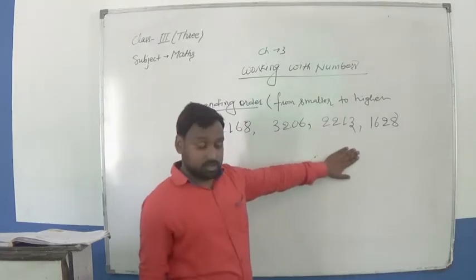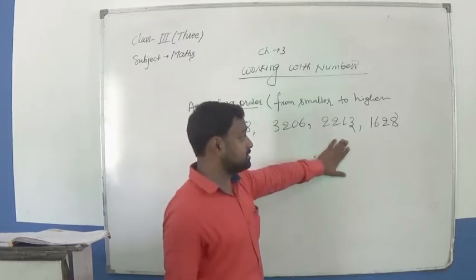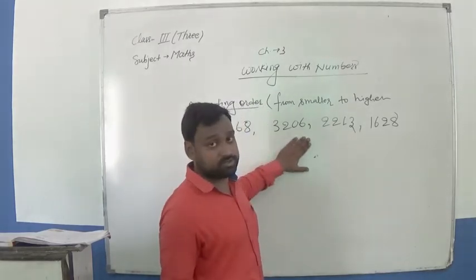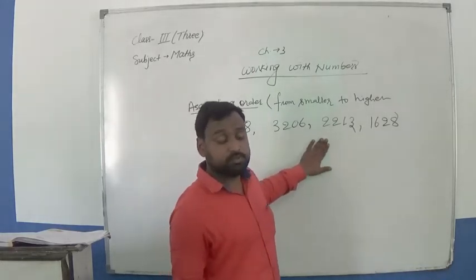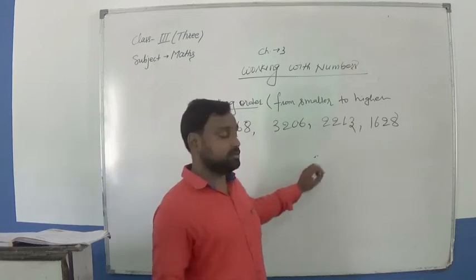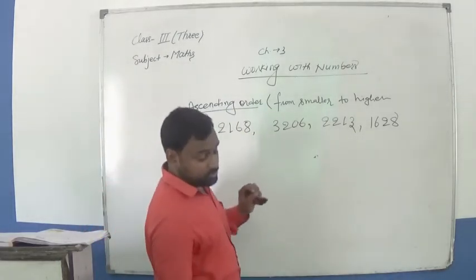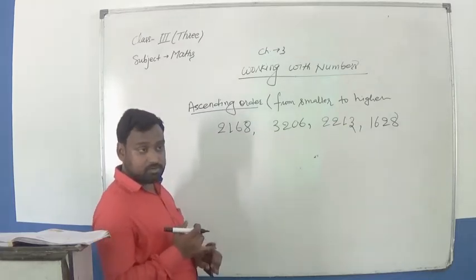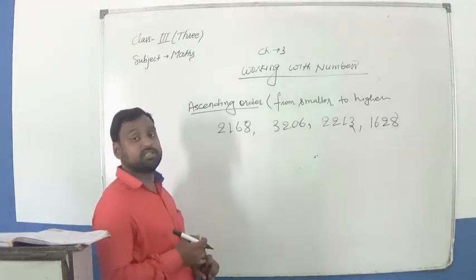It means at the first position there will be the smallest of these four numbers. Which will be smallest? First of all, you can apply the first norm of comparing two numbers, that is counting the digits.